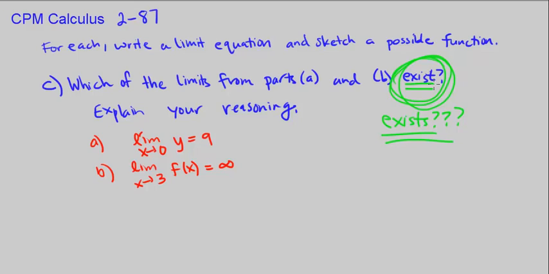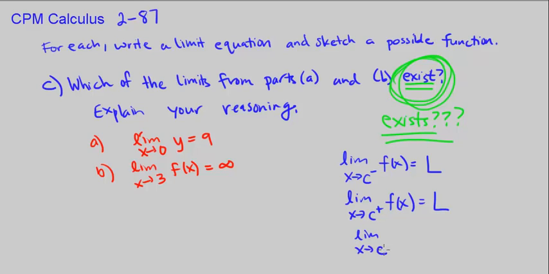We went over that if the limit as x approaches some value from the left of our function equals L, and the limit from the right equals L, then the limit as x approaches c exists and equals L.